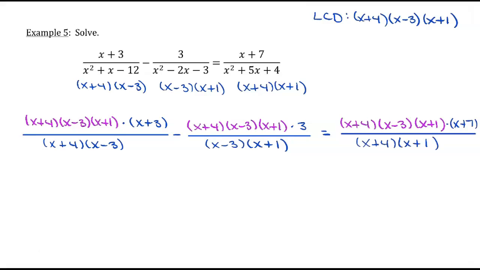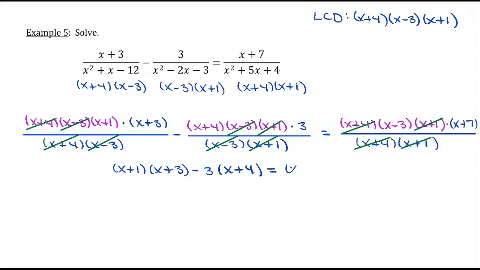Simplifying in each term, we find that we can clear all three of our fractions. That is, every factor in each denominator can be canceled out with a matching factor in the numerator. This leaves us with x plus 1 times x plus 3 minus 3 times x plus 4 equals x minus 3 times x plus 7.